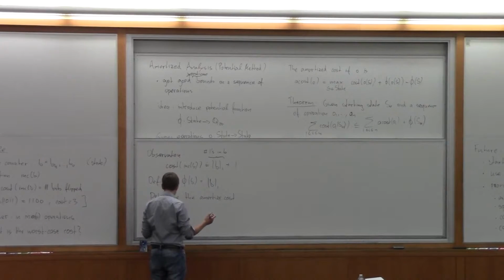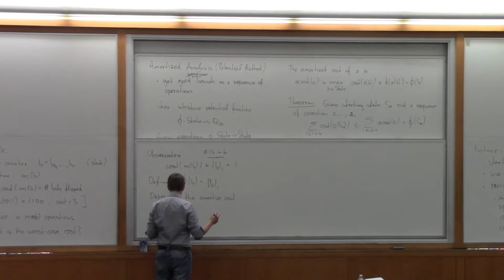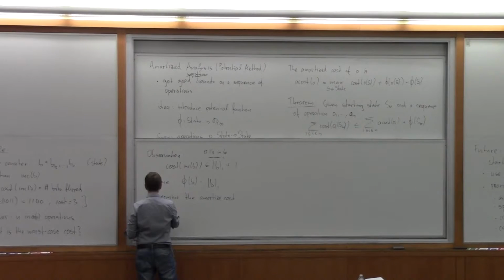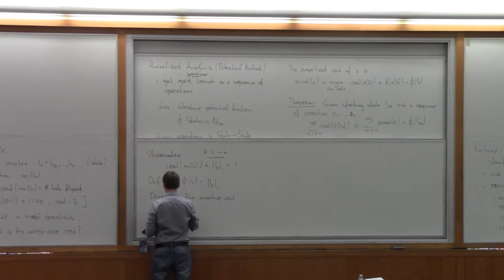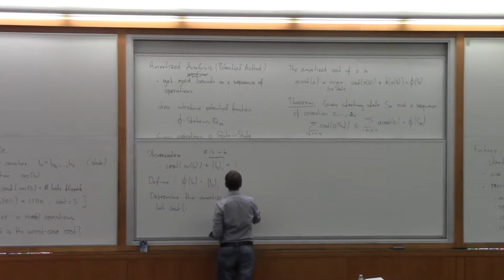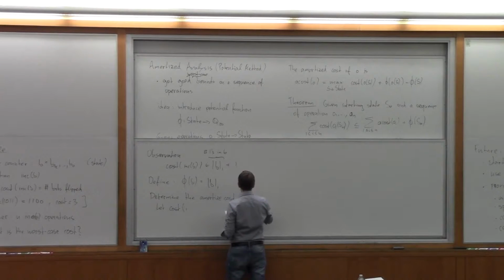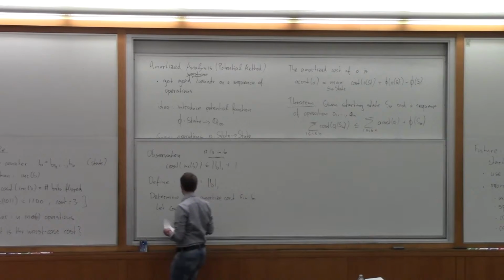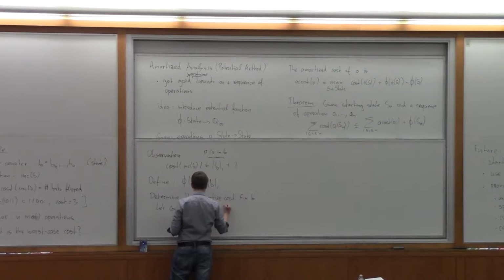So let's first say we fix one concrete B, and now we define the cost of our increment of the B as T.